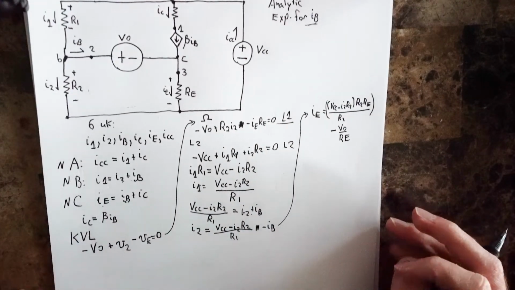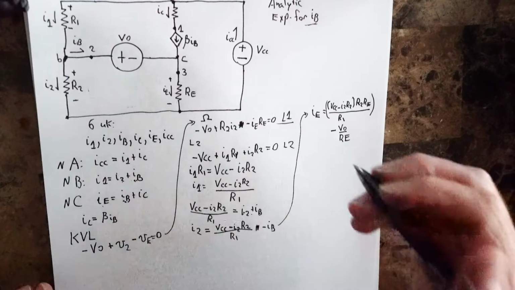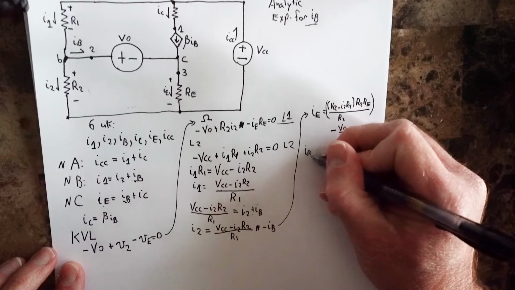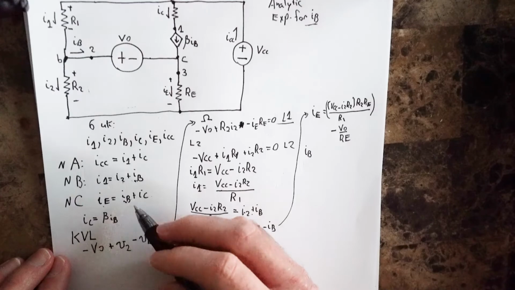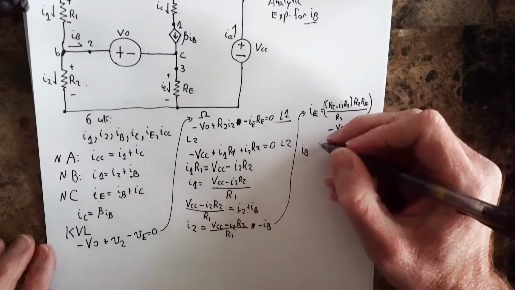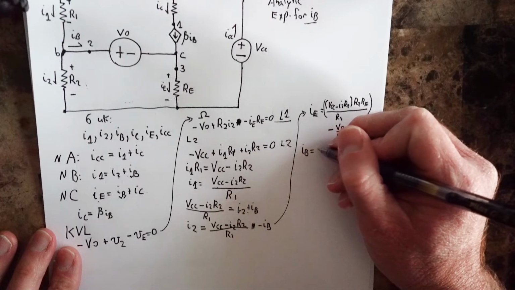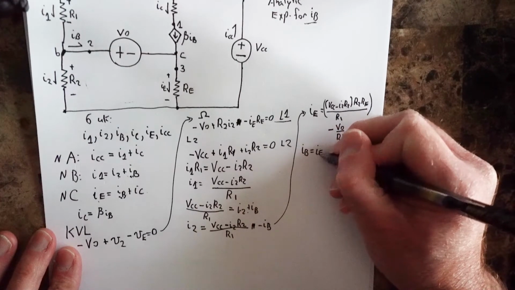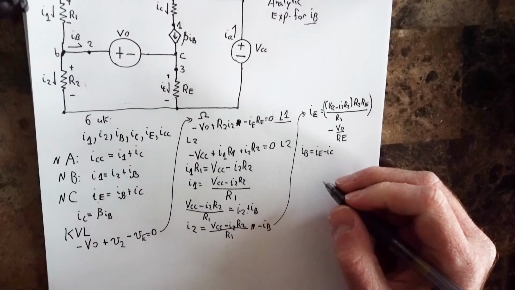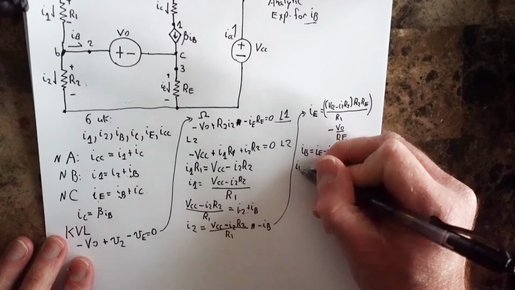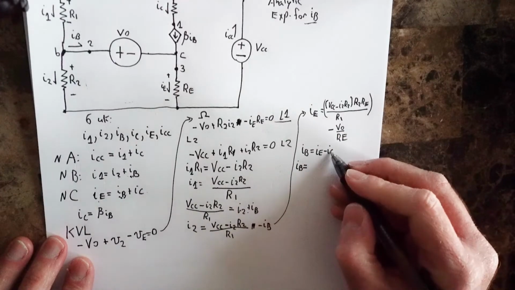Okay, so this is getting quite difficult here. But we only now have to solve for IB. We've got all of the terms that we need here to get IB, which means IC and IE. So then IB is equal to IE minus IC. So plugging all of this in means that we have IB is equal to, remember what IC is?